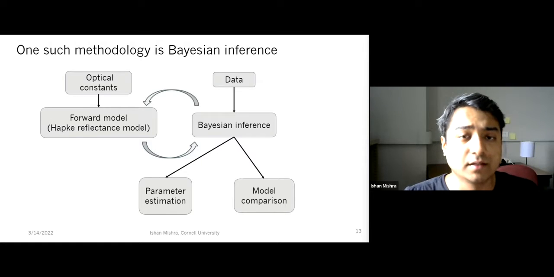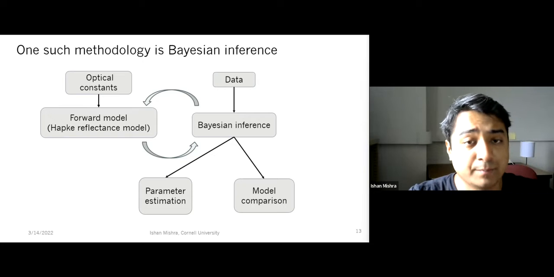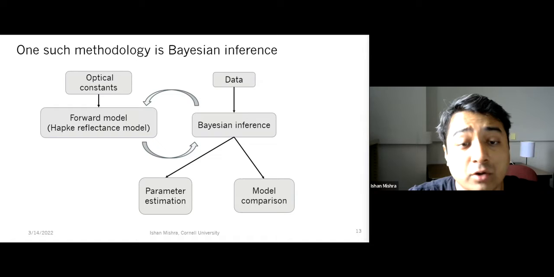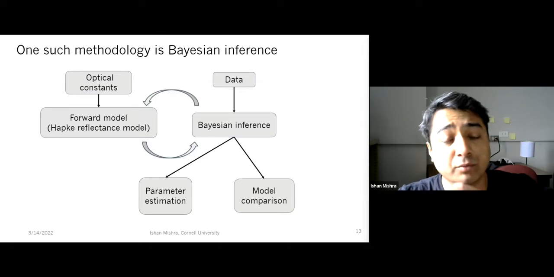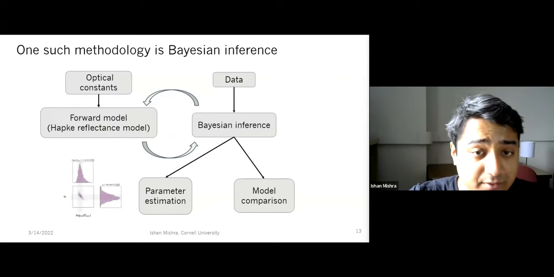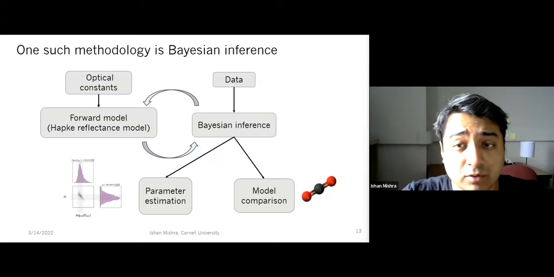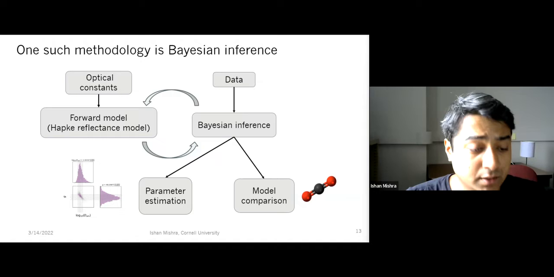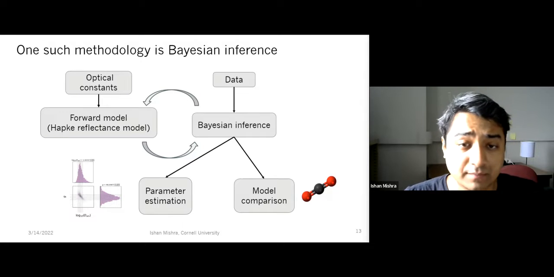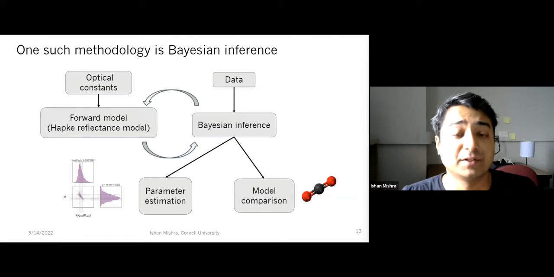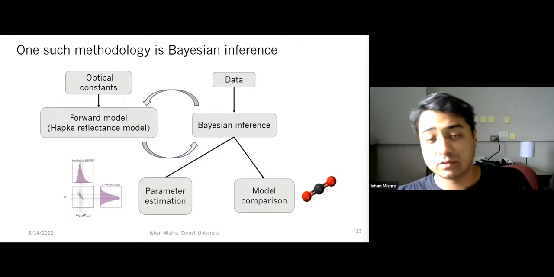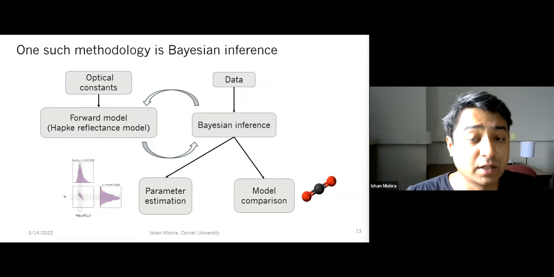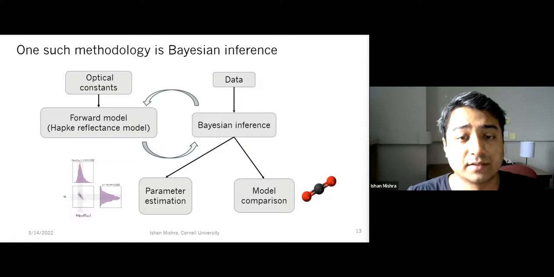To tackle that, an algorithm that uses Bayesian inference can be helpful. And by exploring that parameter space, you do get constraints on your parameters. But something that I'm going to talk about in more detail is that you can also use a very specific metric that you get from this analysis to compare models. So you can compare a model that has a species of your interest versus a model that does not have a species of your interest, and then use that to assess the evidence for that species.